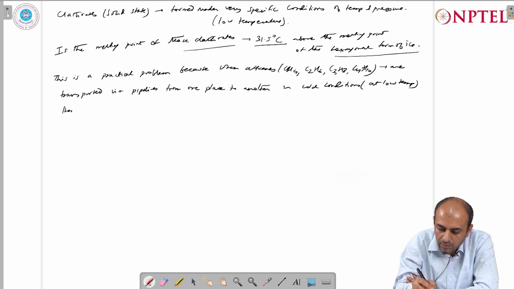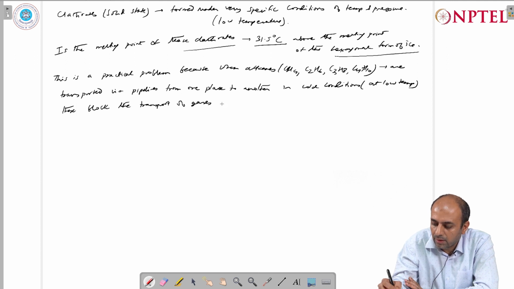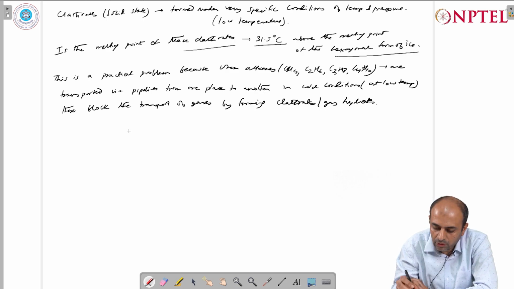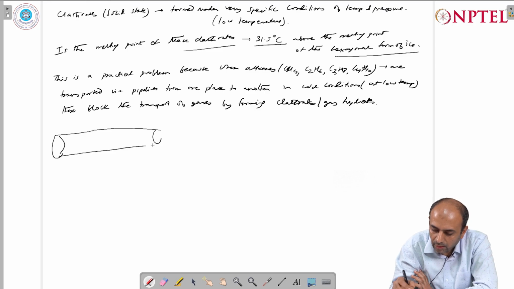these block the transport of gases by forming clathrates or gas hydrates. So now you see you have a pipeline and you are going to transport methane or these hydrocarbons.